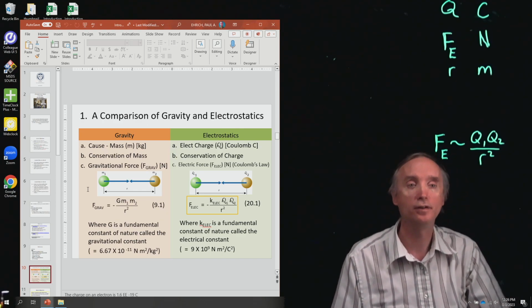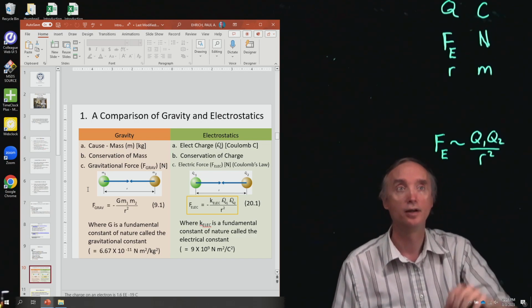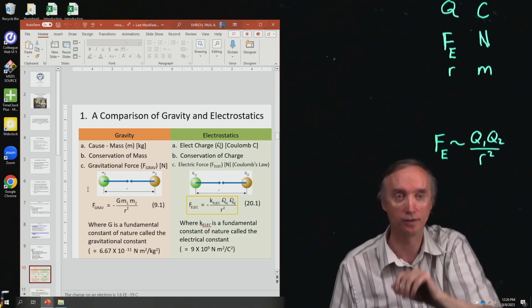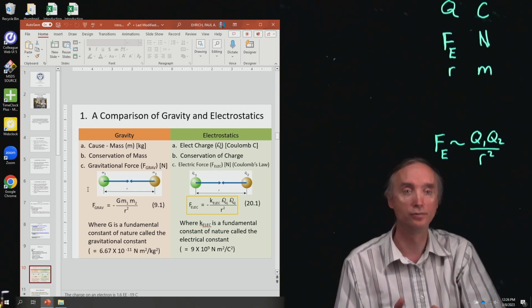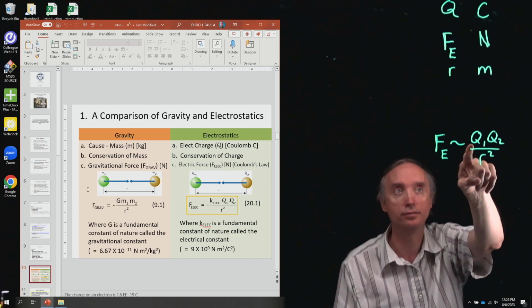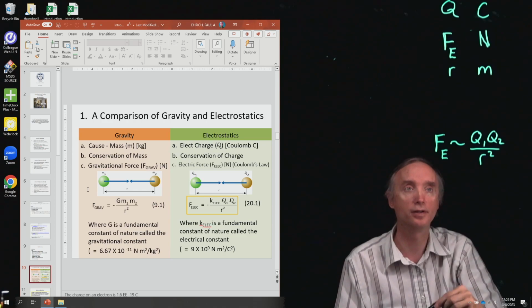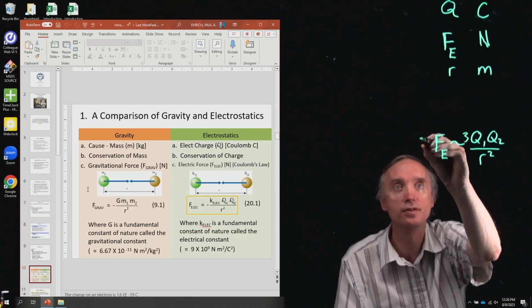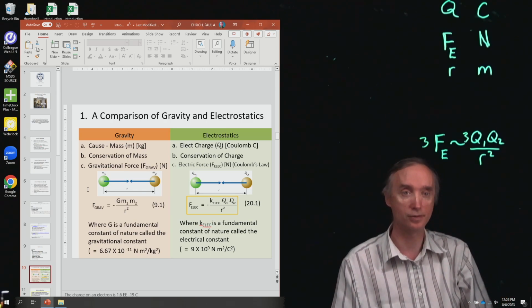Now, I could give you a conceptual question, though, that will test your knowledge of this formula. So I could say that if I triple charge number 1, what does that do to the force? Okay, if I triple it, whatever I do to this side, I have to do this side over here. So it would increase the force by 3 times.